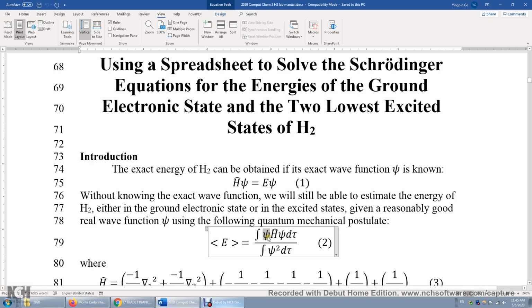We plug in the wave function here and here, and then we evaluate this H being applied to the wave function. So we evaluate this first, and then we do a multiplication, and then divided by this integral, we will be able to get the expectation value of the total energy of H2.